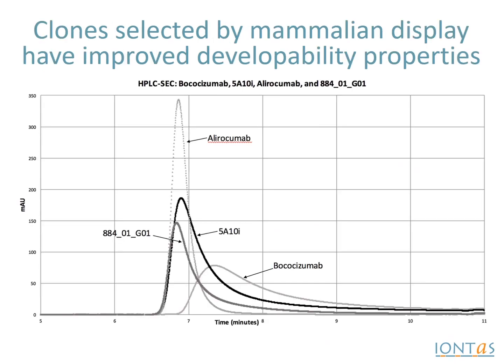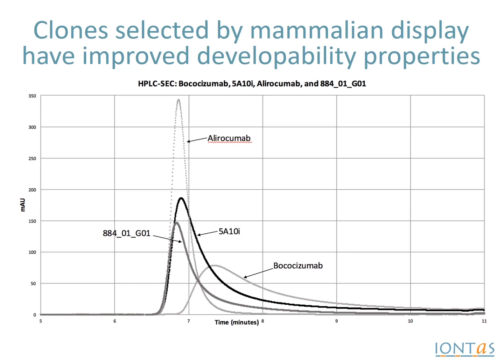So we then took a number of the clones selected on the basis of high-level presentation on the cell surface from the library, and expressed them and purified them at a higher level, and ran them again through AC-SINS, confirming that there was indeed reduced self-interaction using the purified material compared to the parental bococizumab antibody.